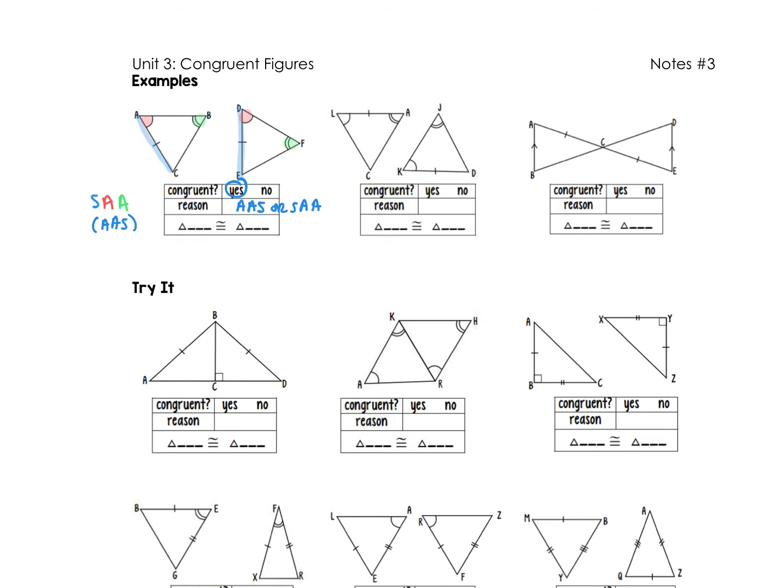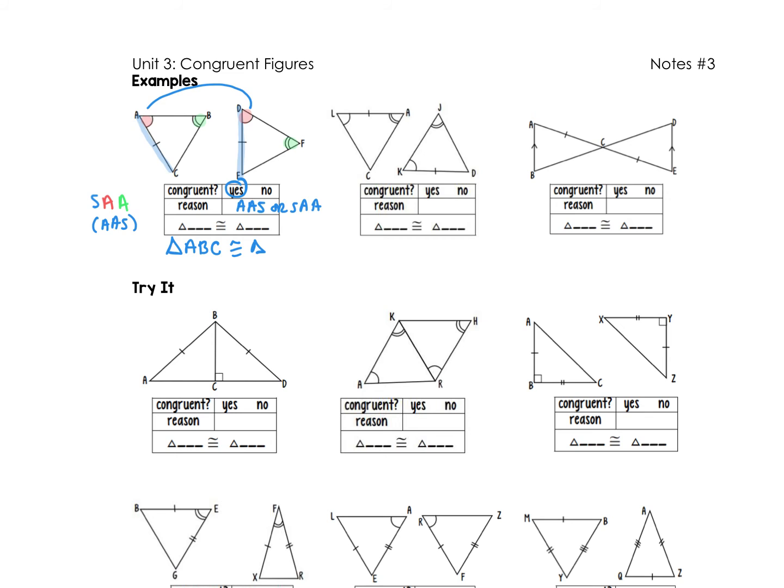And then we're going to write a congruence statement for the two triangles. Use your markings to help you. The first triangle is named in whatever order you choose. I'm going to choose alphabetical, triangle ABC. Now when I name the second triangle, I have to use the markings to help me out.